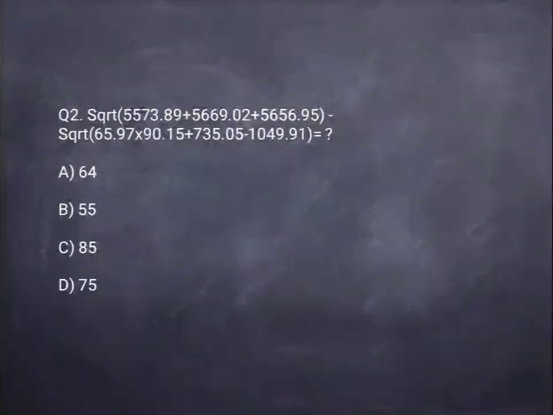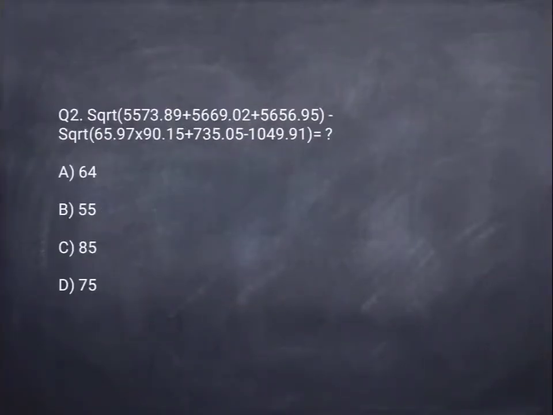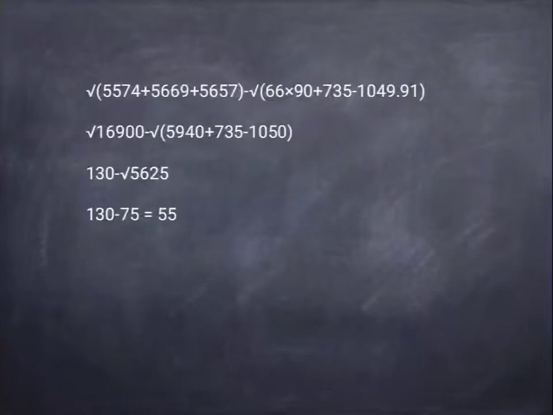So let's see. So the question actually becomes square root of 5574 plus 5669 plus 5657 minus square root of 66 into 90 plus 735 minus 1050.